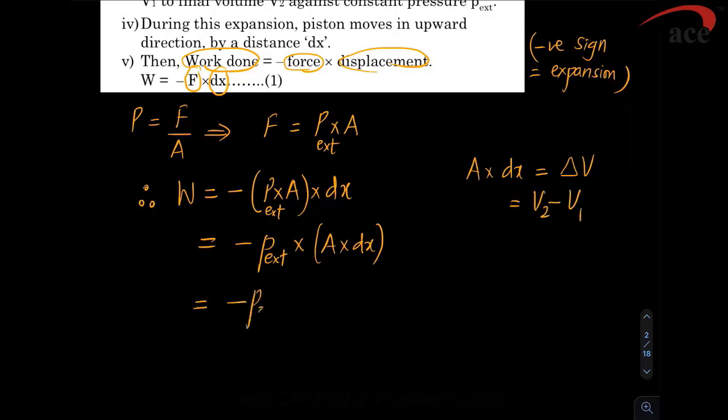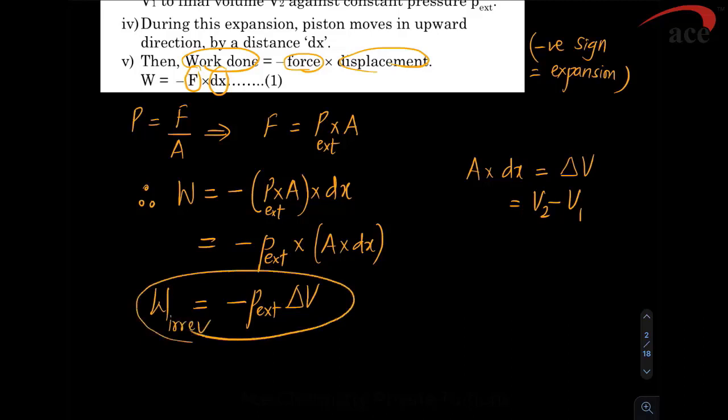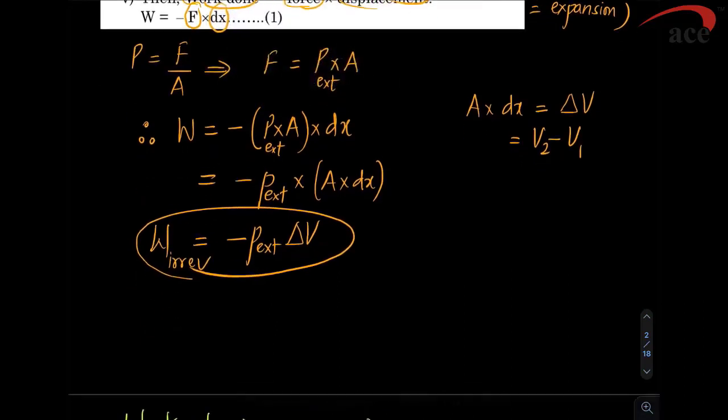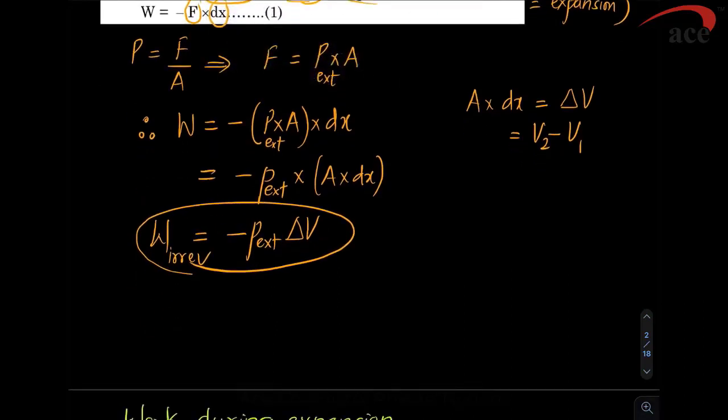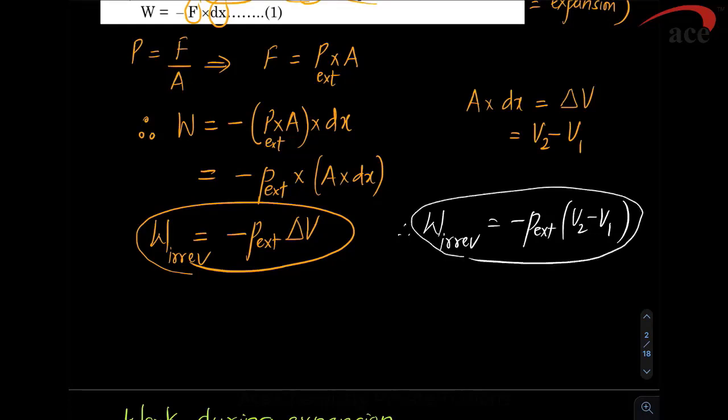So, it is minus P external into delta V. So, work done in an irreversible isothermal process is given by the formula minus P external into delta V, or we can write it as minus P external into (V2 minus V1). Whenever you want to use a formula for an irreversible process, the formula is pressure multiplied by change in volume.